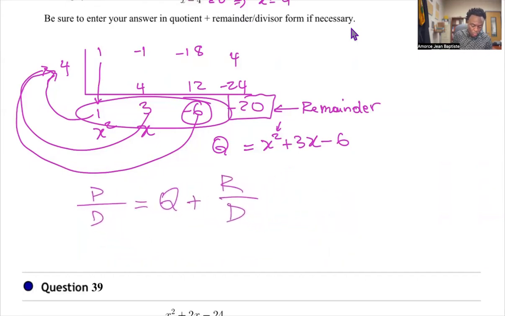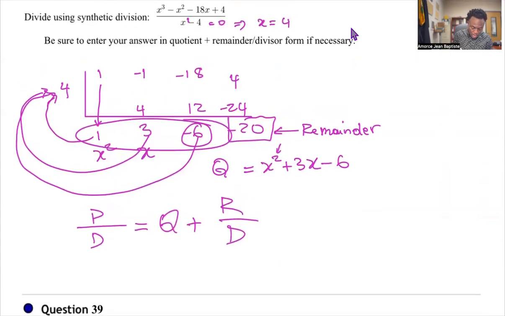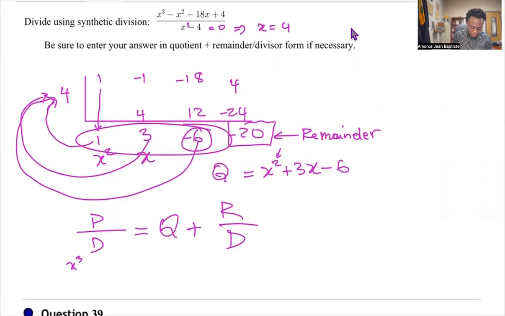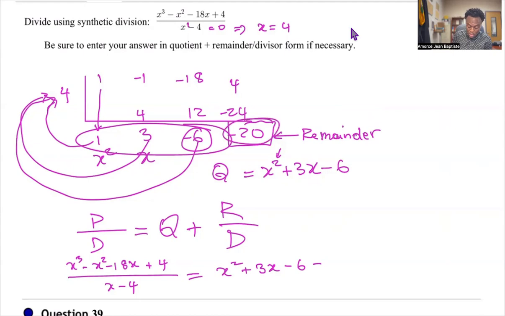So we can write the answer for this synthetic division, that is P, x cubed minus x squared minus 18x plus 4 over x minus 4 is the quotient we found, x squared plus 3x minus 6 minus, because the remainder was negative 20 over x minus 4.